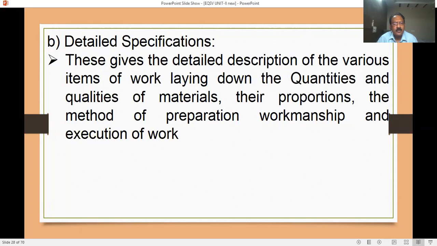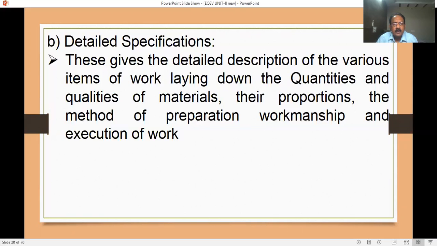These types of detail, items, quality of items. See electrical, Philips or Anchor. There are many types of materials available in electrical and sanitary also. So these detailed specifications should be given to estimate the quantities and the cost of the project.